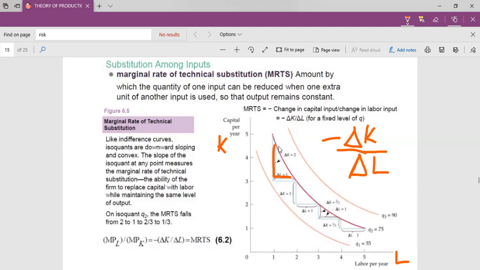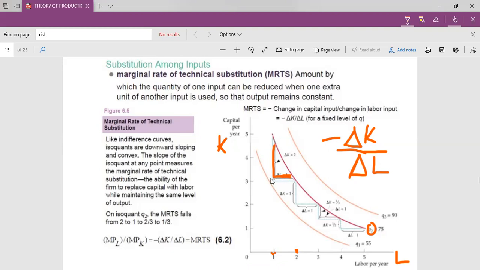For this isoquant 2, the marginal rate of technical substitution will be, in this perspective, 4 minus 3 for capital, and along the horizontal axis, 2 minus 1.